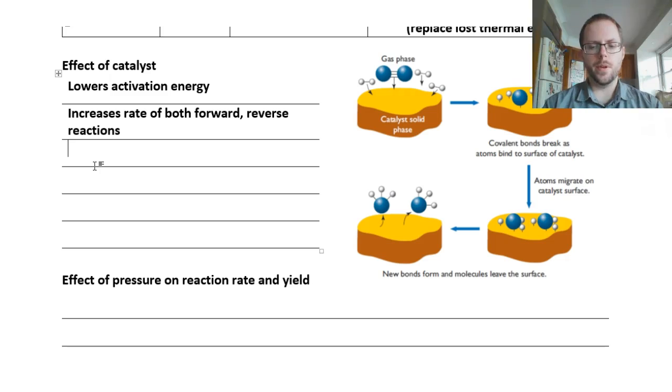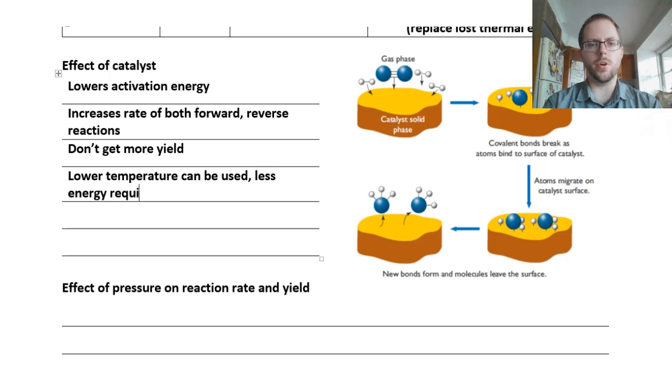So what this means is that we don't get more yield. It's not actually helping us to get more ammonia overall, but it means that a lower temperature can be used because less energy is required to start the reaction process.